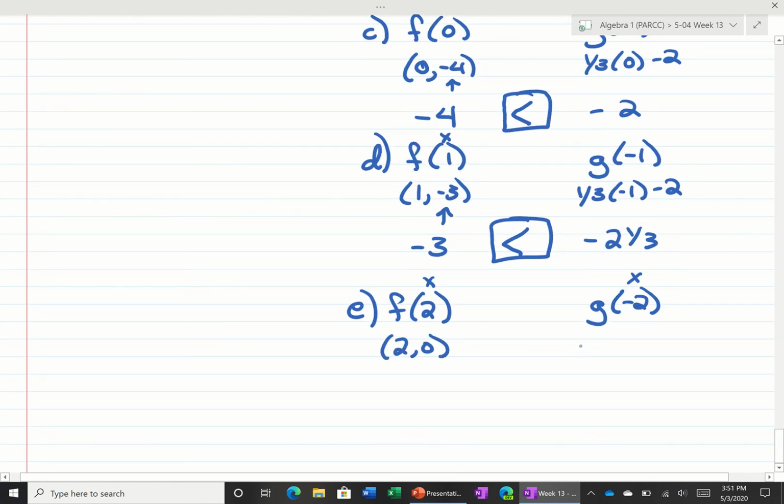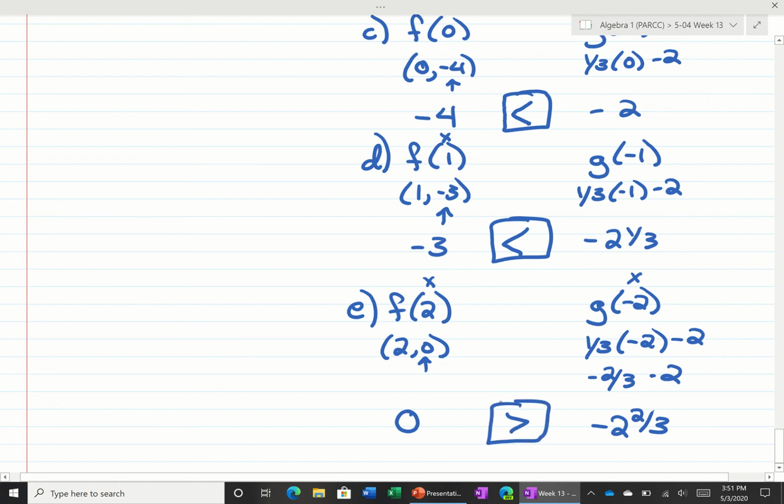And if we plug in -2 for x and g, we get -2/3 minus 2 is negative 2 2/3. And f of 2 is the y value right here, which is 0. 0 is greater than -2 2/3.